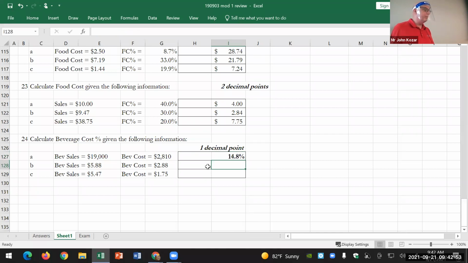So the first one would be 14.8%. This one is 49%. Last one is 32%.